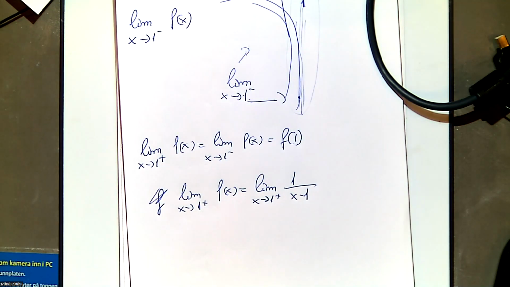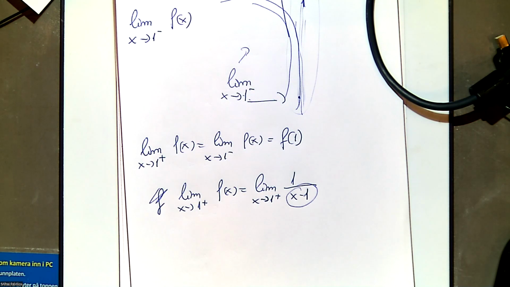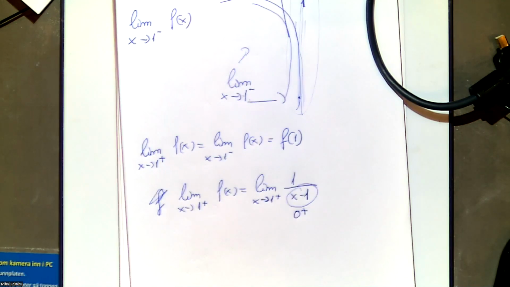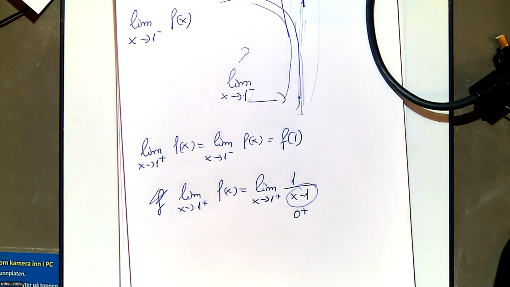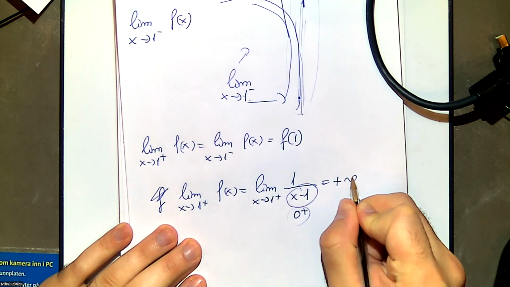Now, x goes to 1 with a plus, it goes to 1 from the positive side, but it still goes to 1. So what does this go to? It just goes to 0, right? 1 minus 1, it just goes to 0. The only difference is that it goes to 0 with a plus. And remember, this is one of the limits that I showed yesterday, and I told you guys that you got to understand. Any constant over 0 goes to infinity. The only difference is that if this is positive, it will go to plus infinity.